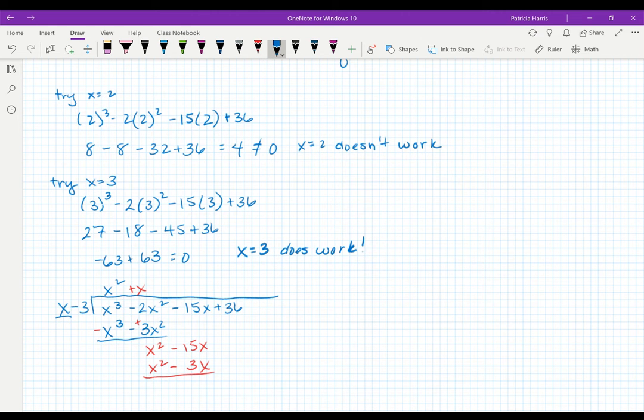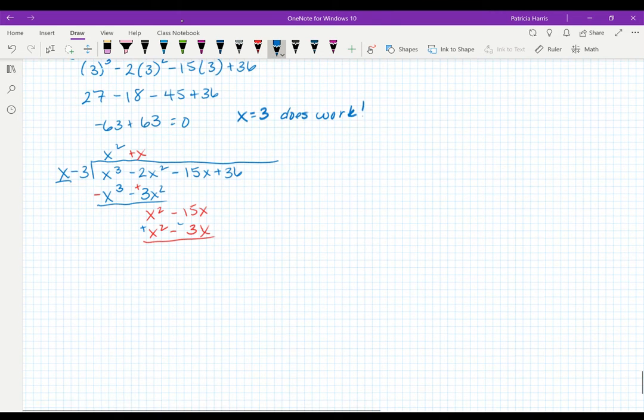Change the signs. Bring down your next term. Okay, I need my x to be a negative 12. And notice, once I change my signs, I get my remainder of 0.